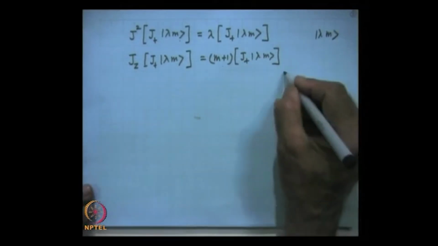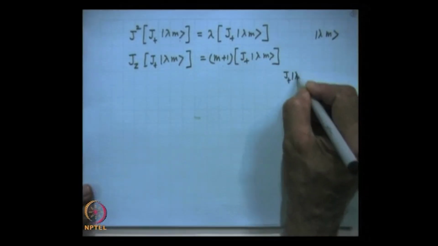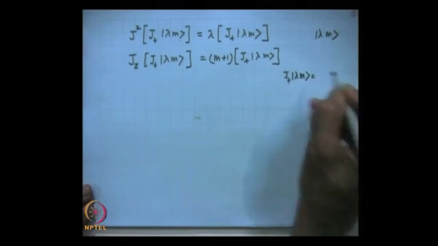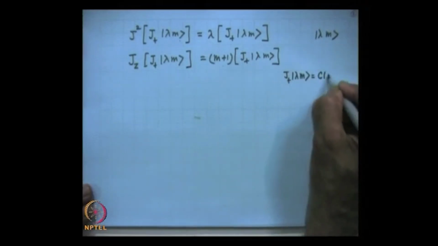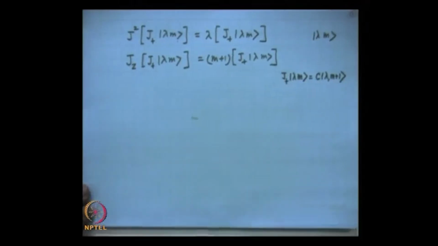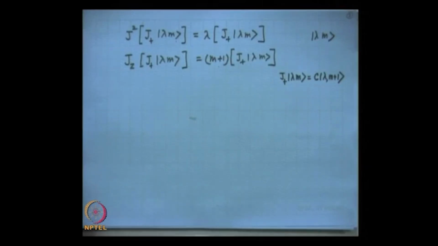So, therefore, J plus ket lambda m must be some constant times ket lambda, m plus 1. M increases by 1, but the lambda value remains the same.